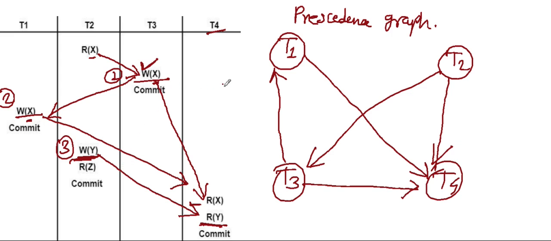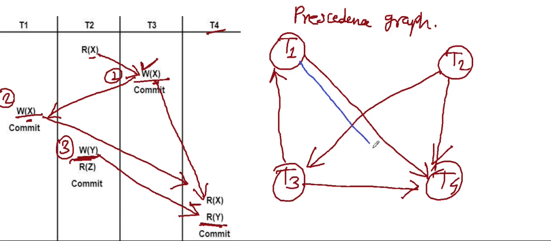Now check if there is a cycle in this graph. How will you check? If you go from this flow, it ends here, so there is no cycle. From this way, if you come here and then go here, it ends here, no cycle.